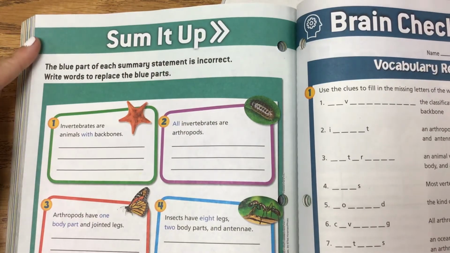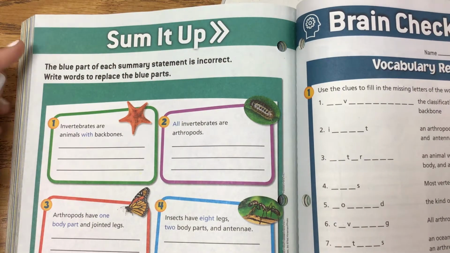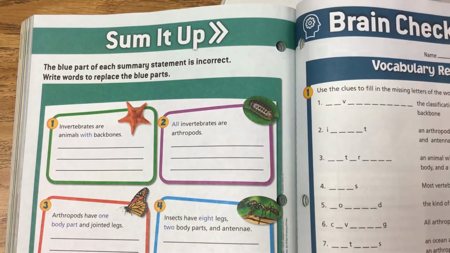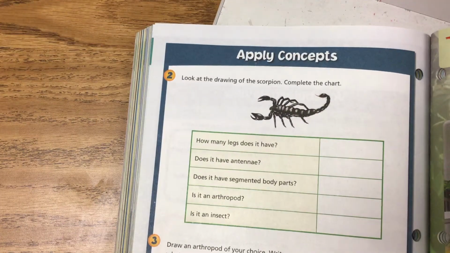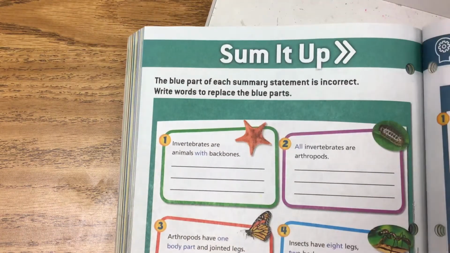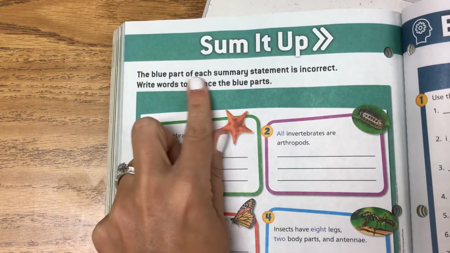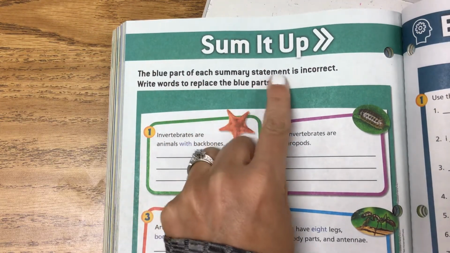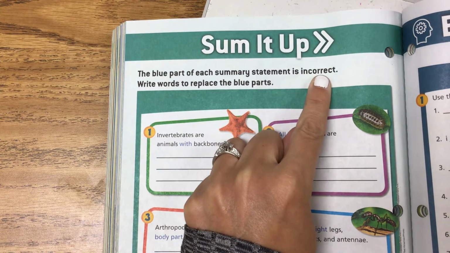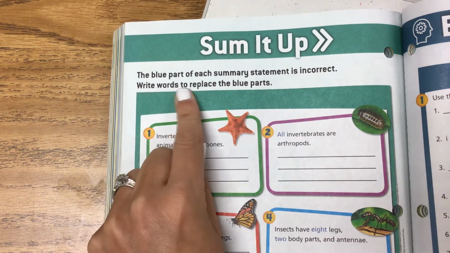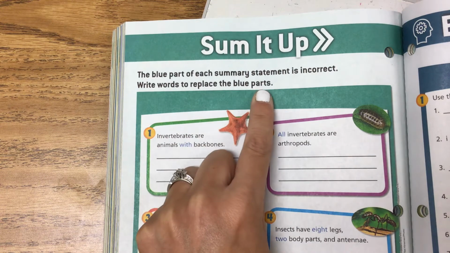What you're going to do now is go ahead and complete the sum it up and the brain check and the apply concepts. For the sum it up, it says the blue part of each summary statement is incorrect. Write words to replace the blue parts.